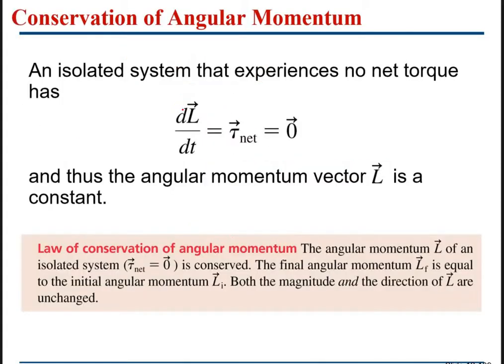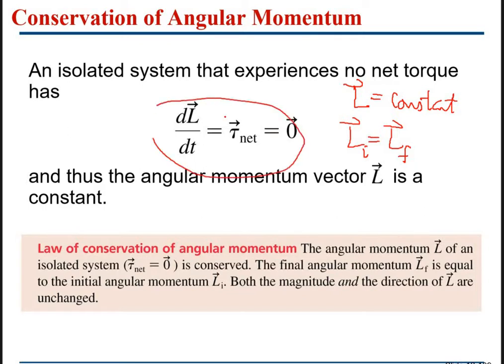Similarly, if the net external torque acting on a system or an object is zero, then the angular momentum of that system is conserved. So again, you can write this as L equals constant, and also L initial equals L final. All of these three equations imply the same thing.